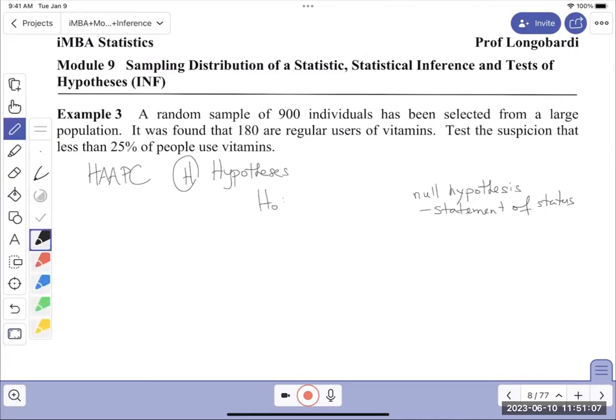We might or might not have strong evidence from the past about something, but it's what people believe, and that goes into the null hypothesis. And so that's going to be our assumption. And then we're going to look for evidence in a sample against this assumption.